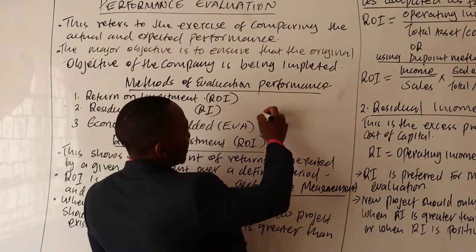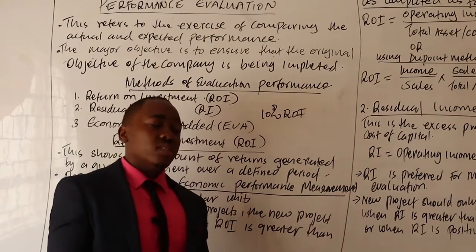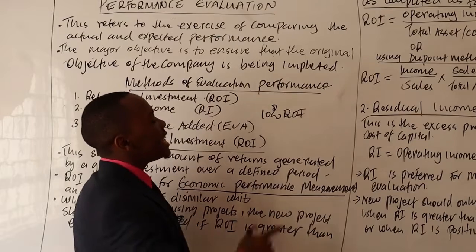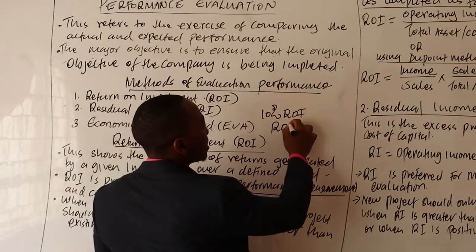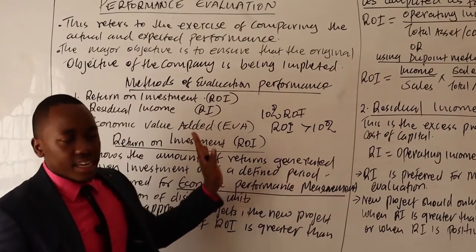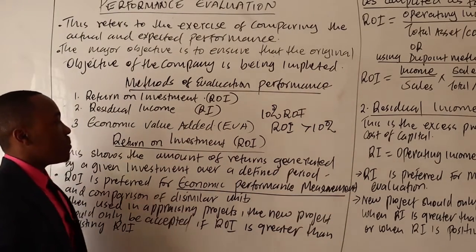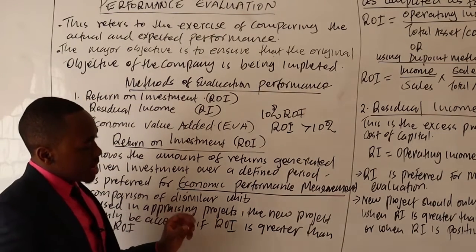For you to accept a new project, its return on investment should be greater than 10%. If it's less than 10%, you should not accept that project. So that's all about return on investment.